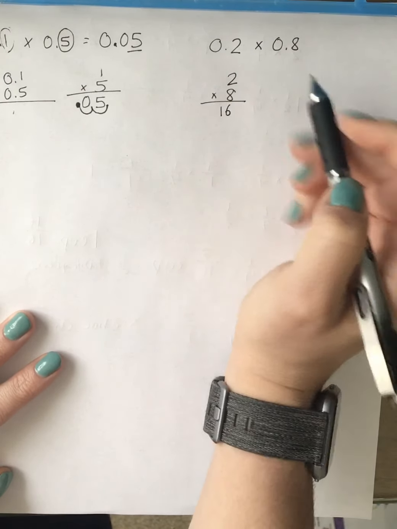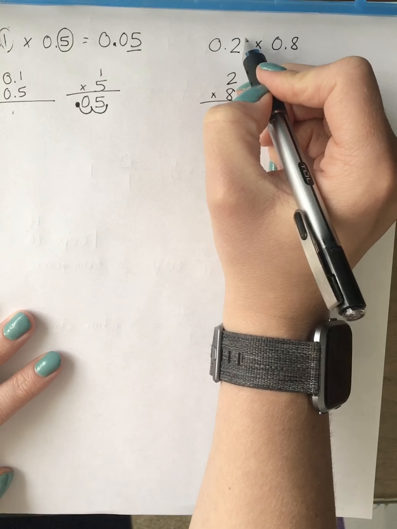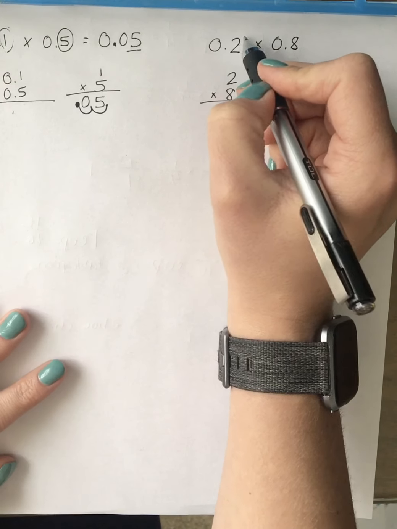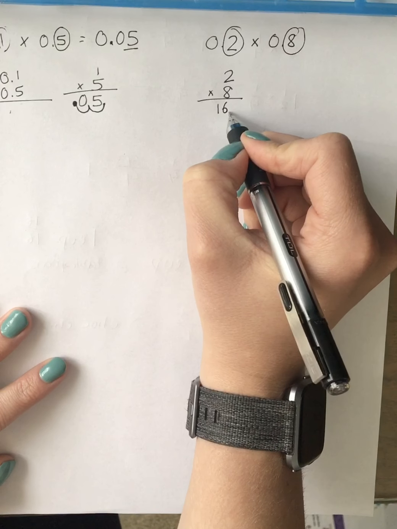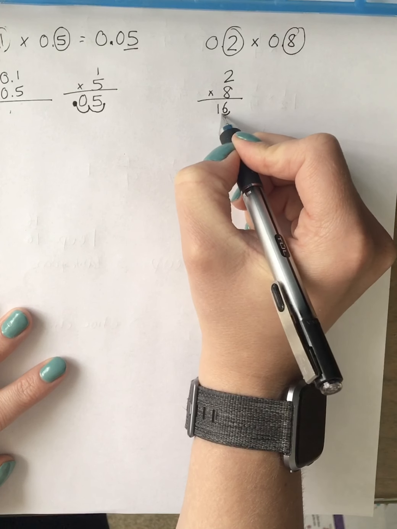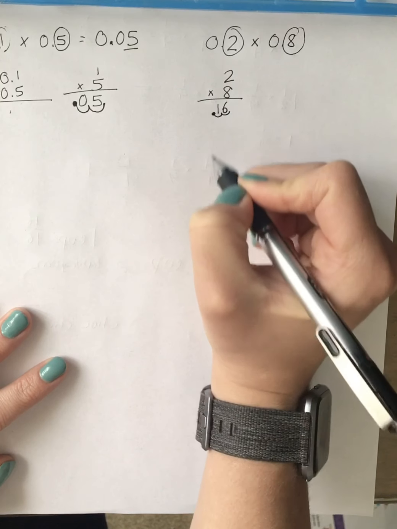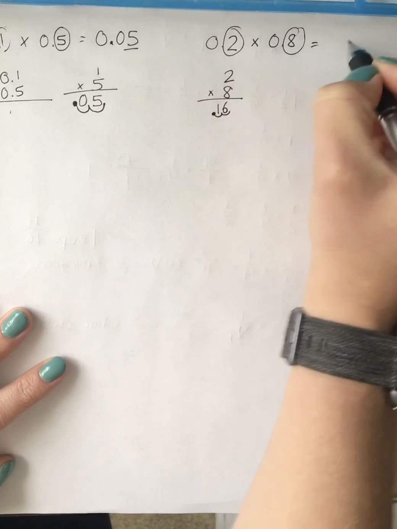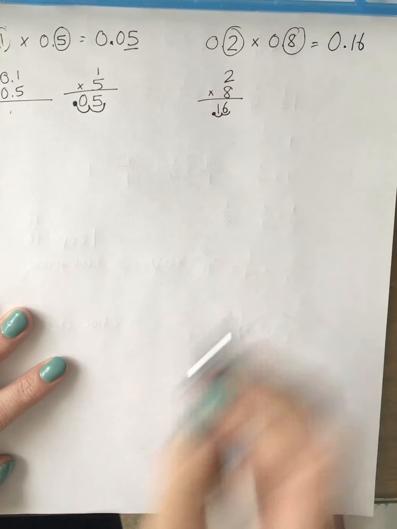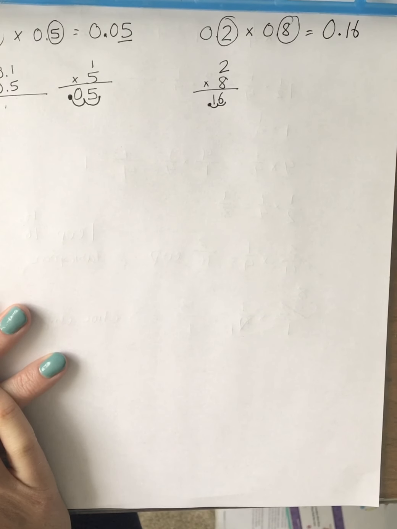Easy enough to do, but then I have to make sure I go back and count how many place values we have to the right of the decimal. Here's 1 and here's 2. So I'm going to start where the decimal point would be, and I'm going to move it 2 place values over. There is the decimal point, and we get 0.16, which we read as 16/100ths.